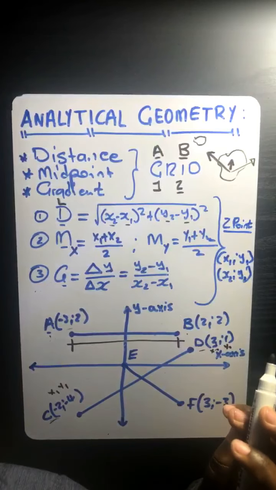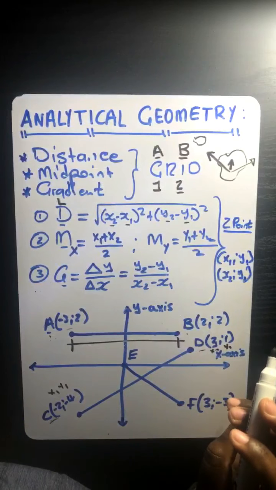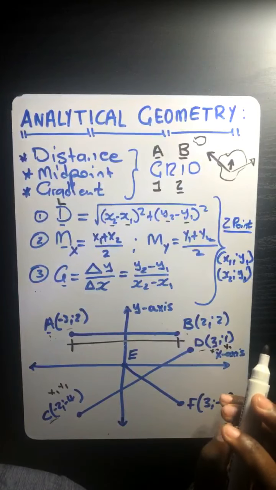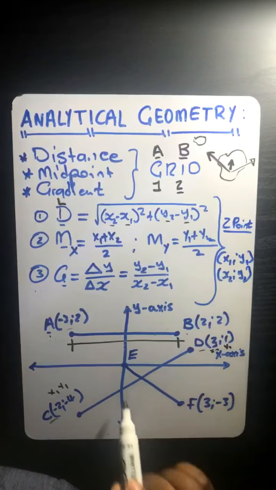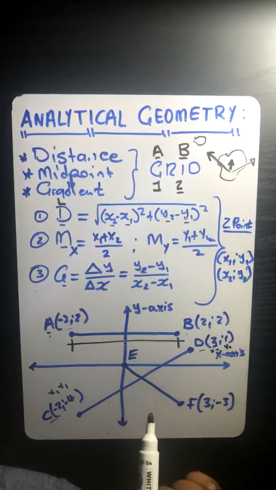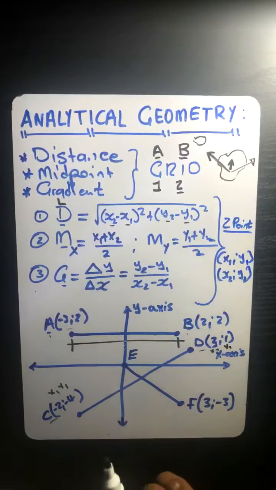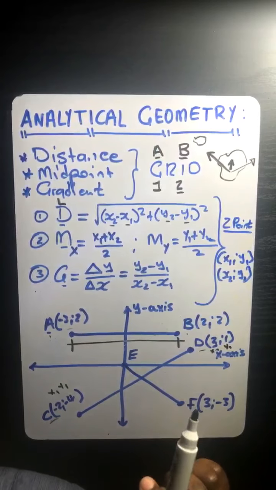Now, let's see the midpoint of EF and the gradient of EF. Where is E? There is E. Where is F? There is F. Okay, here comes a question. Because they want me to determine the midpoint, do I have the 2 points and the coordinates of the 2 points? Can you see?